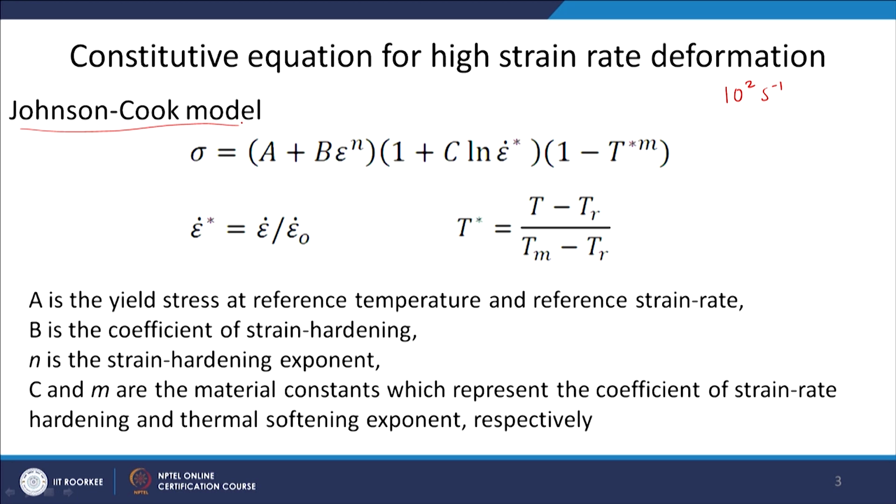This model takes care of all three parameters, because here we are working on very high strain rates, so there is not enough time for dislocation to recover. So strain hardening is an important consequence, and strain hardening will be there in this type of deformation, very high strain rate deformation. The Johnson-Cook model is one of the most used models in that segment.